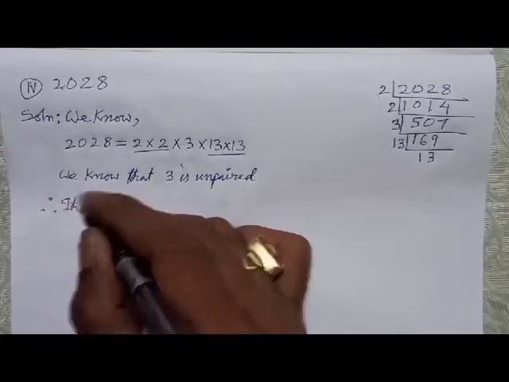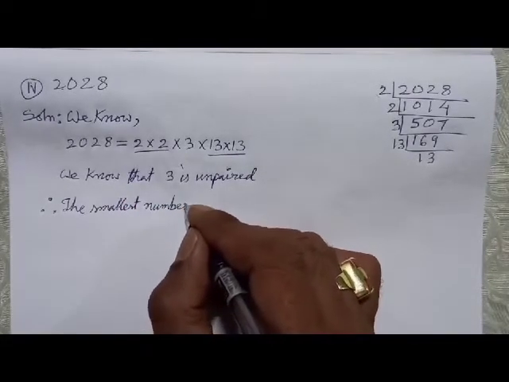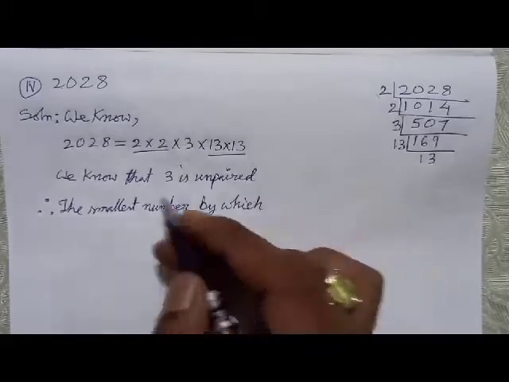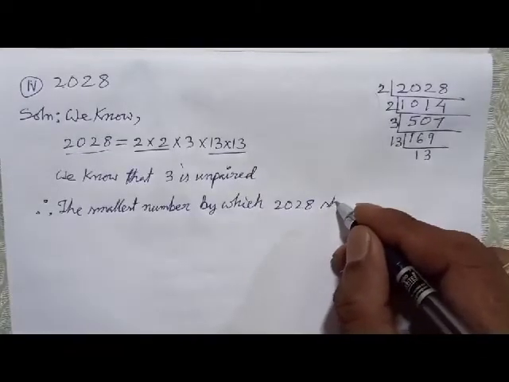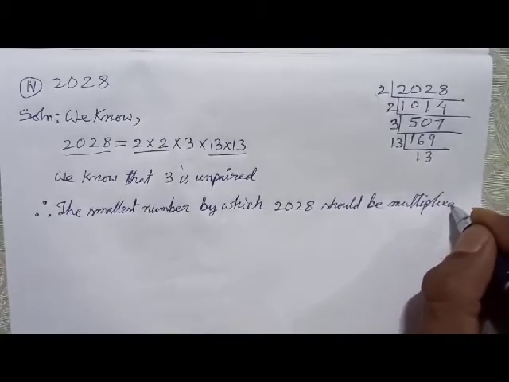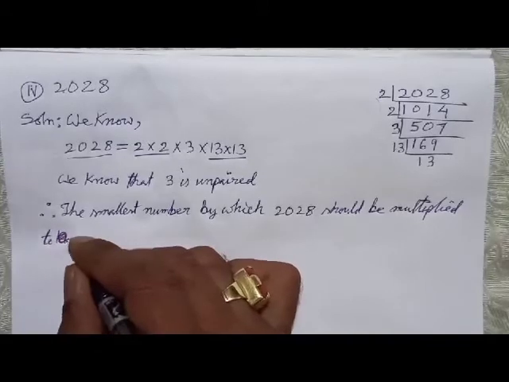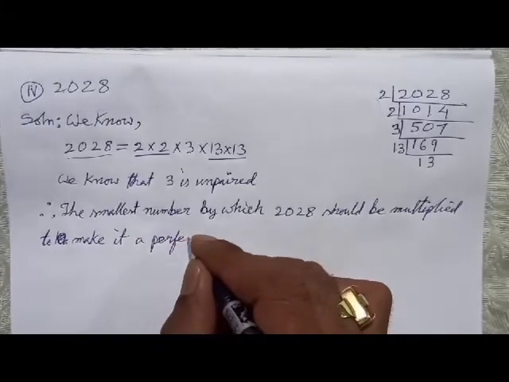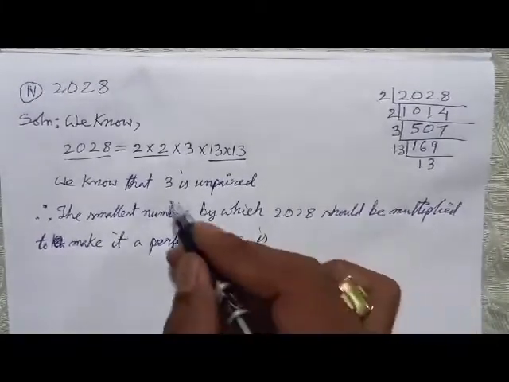Therefore, the smallest number by which this number 2028 should be multiplied to make it a perfect square is this number 3.